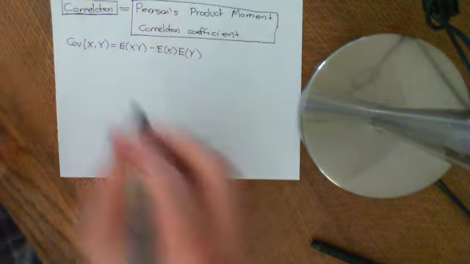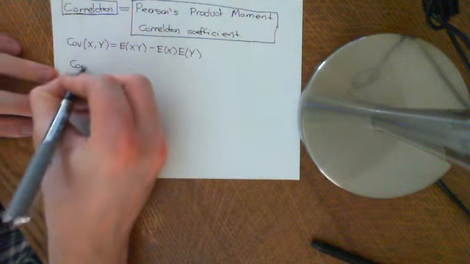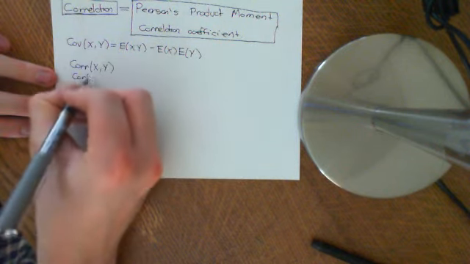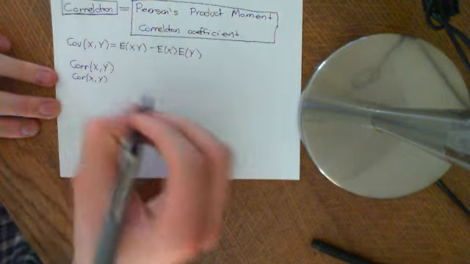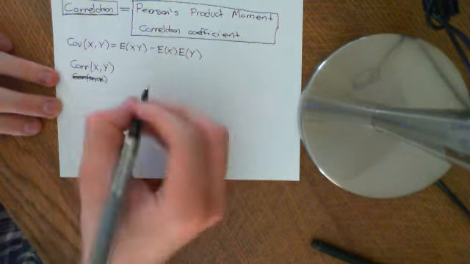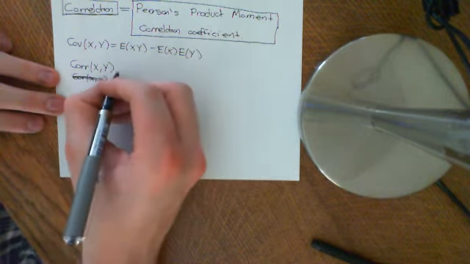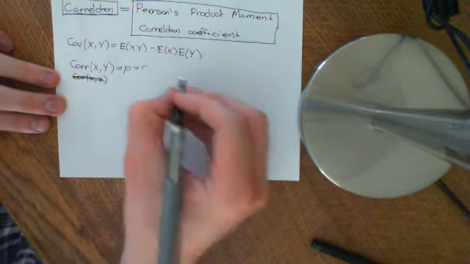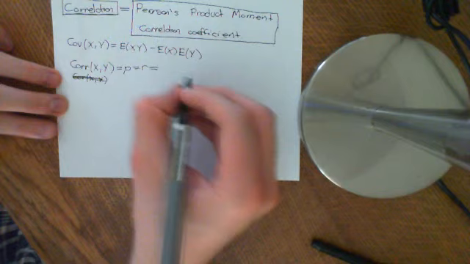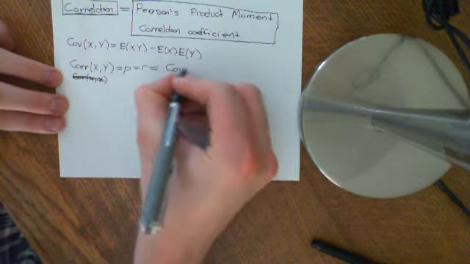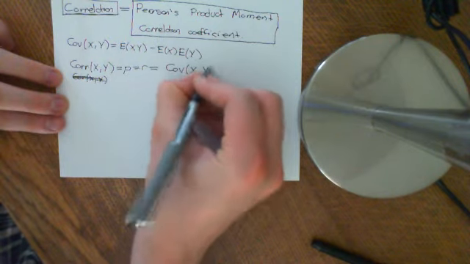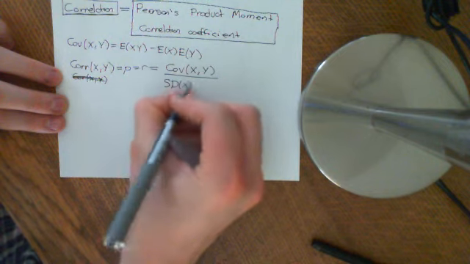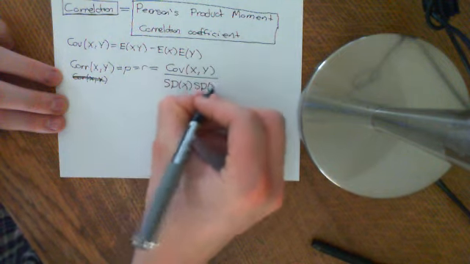Anyway, the correlation, which often is written correlation of x and y, you might often just see it as corr of x and y, not with the double r, but I prefer the double r. Or you might just see it written rho, or r is another symbol used to denote it, and it's defined to be equal to the covariance of x and y divided by the standard deviation of x times the standard deviation of y.